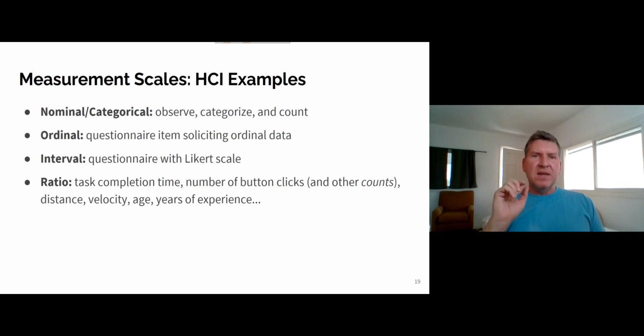With interval, we can use a Likert scale, and with ratio, we can do things like task completion time, number of button clicks, the distance or the velocity. We can use age because it's got an absolute 0, or years of experience, right? Because we don't have a negative for those values. So here might be something which we can do.